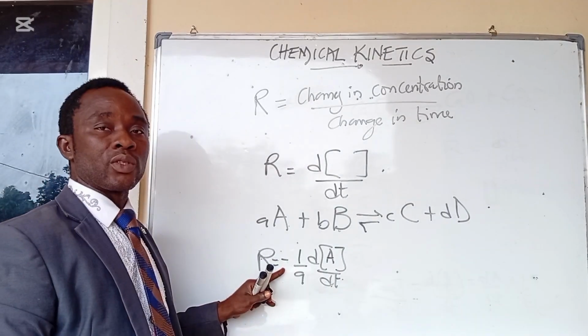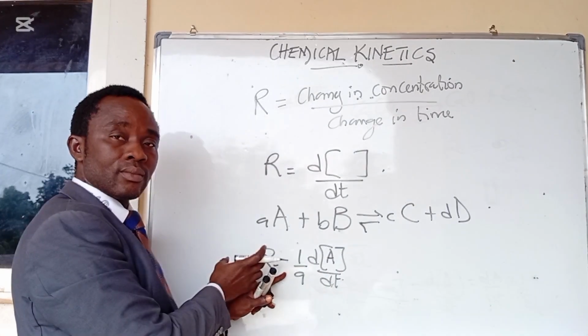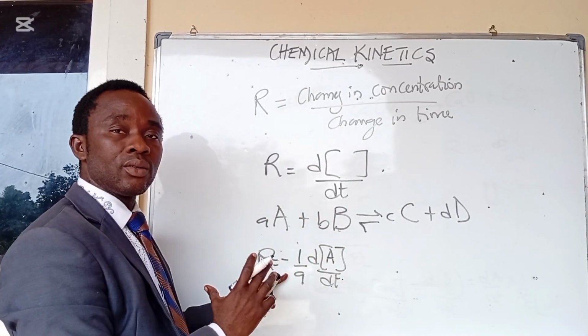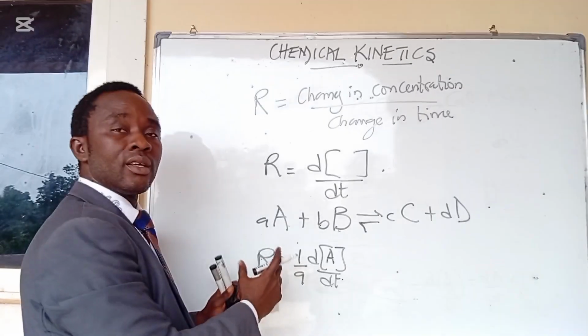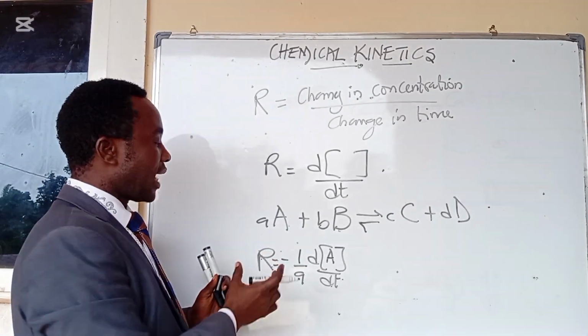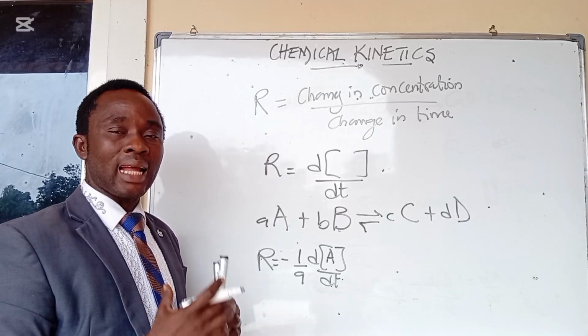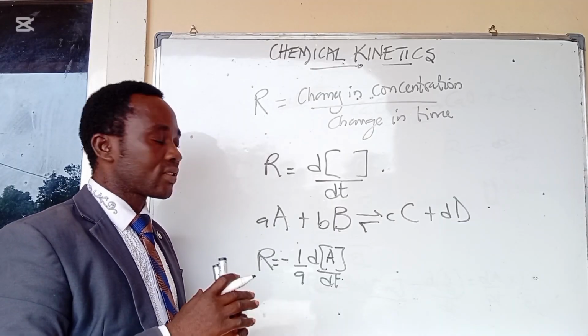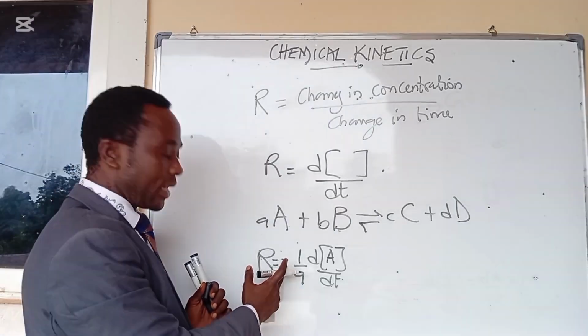Why are we putting minus here? It doesn't mean that rates have a negative value, but the minus here is simply telling us that A is a reactant and that the concentration of the reactant decreases with time. So it shows a decrease.